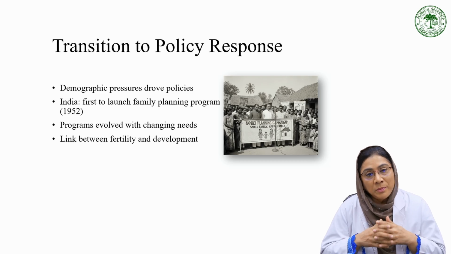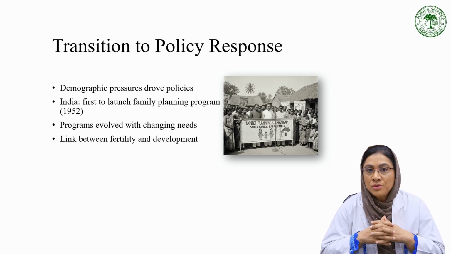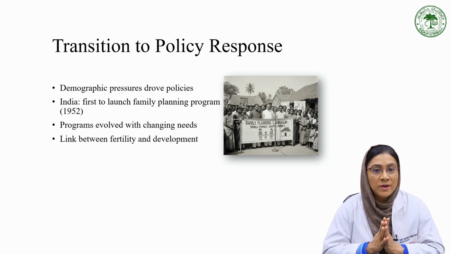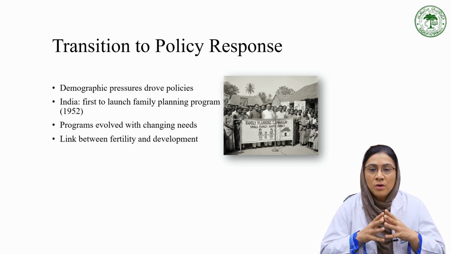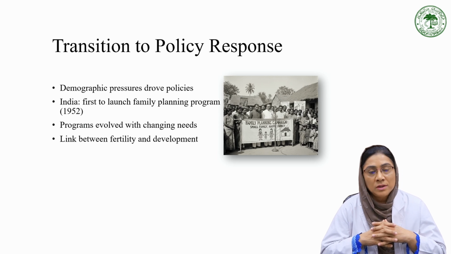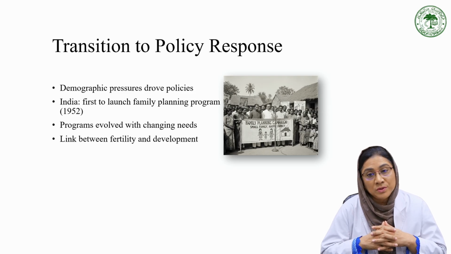India's demographic pressure led to the launch of the world's first national family planning program in 1952. Initially focused on controlling population growth, the program evolved over time to address broader reproductive and child health issues.